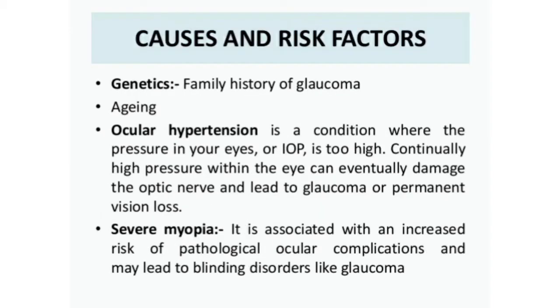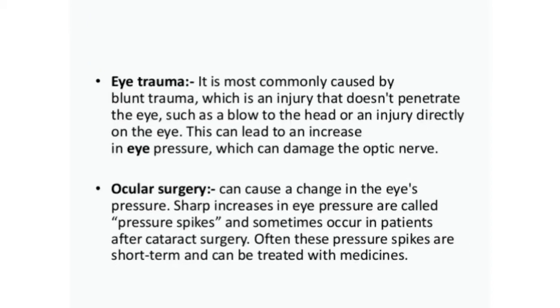Now there are many causes and risk factors for glaucoma, like genetics, which may be a familial history, aging, ocular hypertension, increased intraocular pressure, and severe myopia, that is nearsightedness. Also, if there is an eye trauma, that can lead to an increase in the ocular pressure.